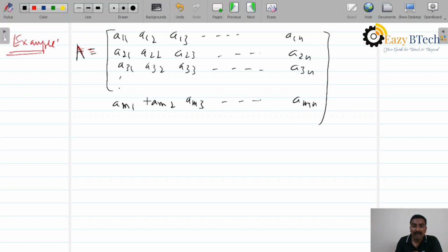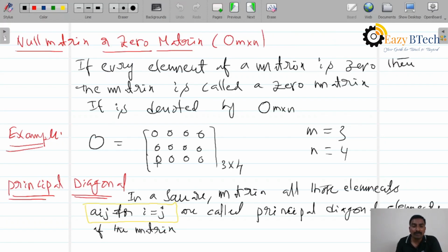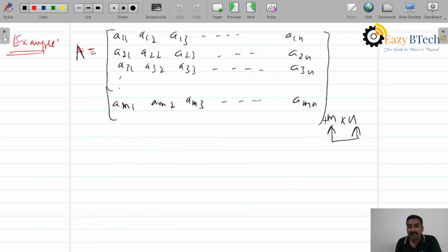This is a matrix of order m by n. If m is not equal to n, then it is a rectangular matrix. But here I clearly told you the matrix is a square matrix. Square matrix means m and n are both the same. Therefore here we have to take m by n.